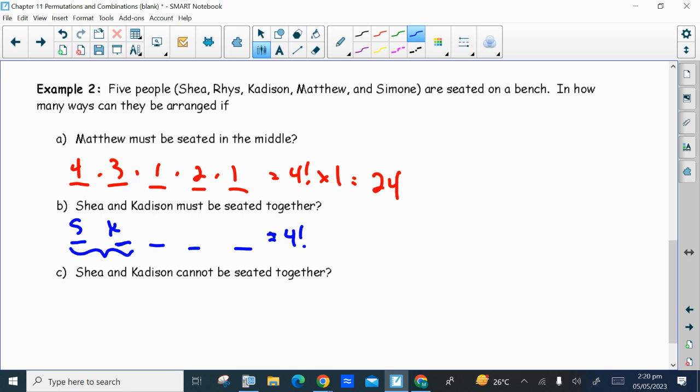So it's 4 factorial. However, we also multiply that by 2 factorial, which represents a number of ways that Shay and Caddison can be arranged together. Shay first, Caddison second, or Caddison first, Shay second. 2 factorial is just 2. So this will give us 48. 4 factorial is 24 times 2 factorial, 48.